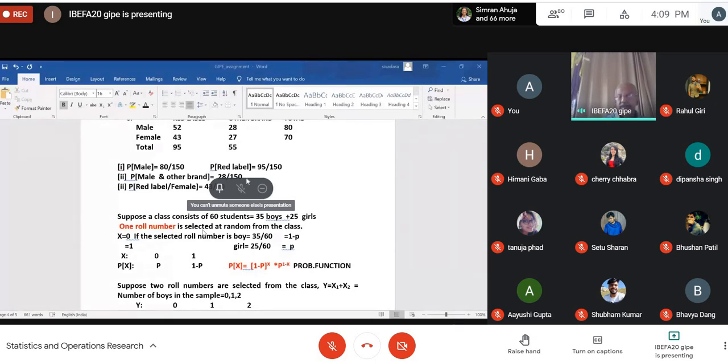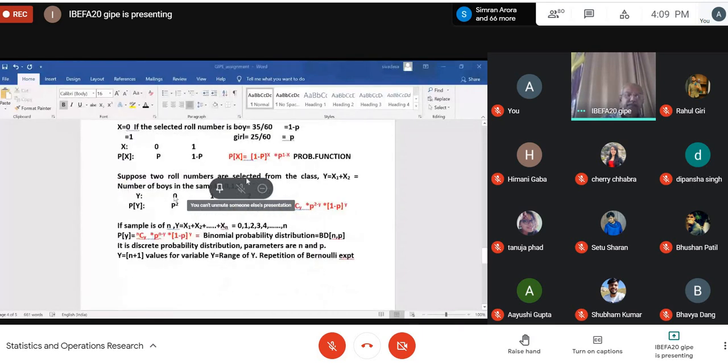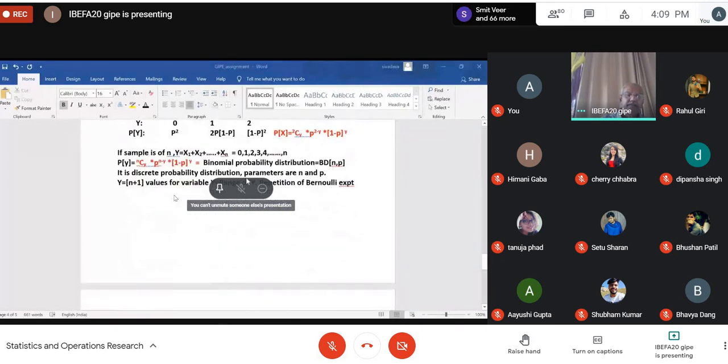Yes, any other questions? Okay. So we have used here the binomial distribution concept. Now when I use the binomial distribution concept, I will be using the parameters n and p. Remember, n represents the sample size and p represents the probability of success.